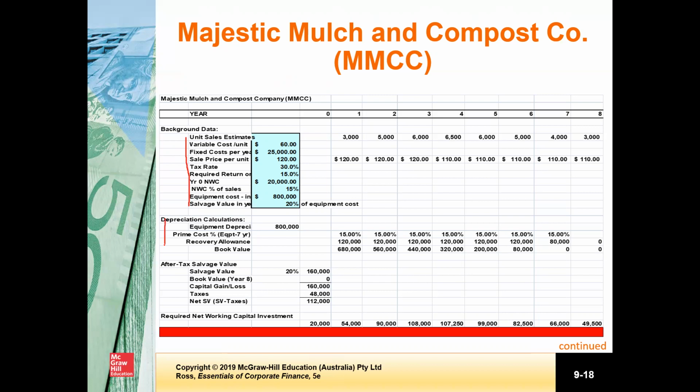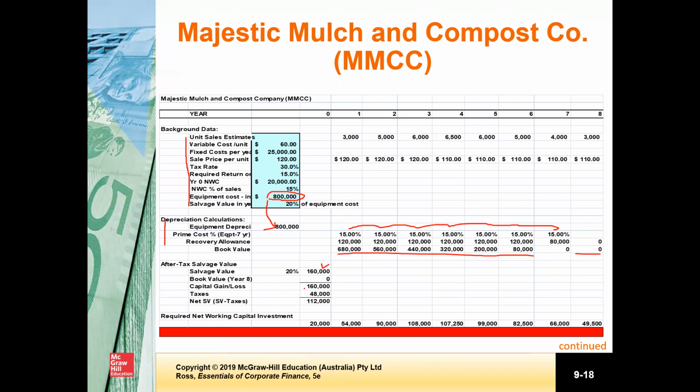Then this is your depreciation calculation. You can see your equipment cost is 800,000, and it's depreciated 15% every year. So this is your depreciation, and then this is your book value. And for salvage value, you can see that at the end of the asset's life, there is no book value left. However, salvage value is 1,600.